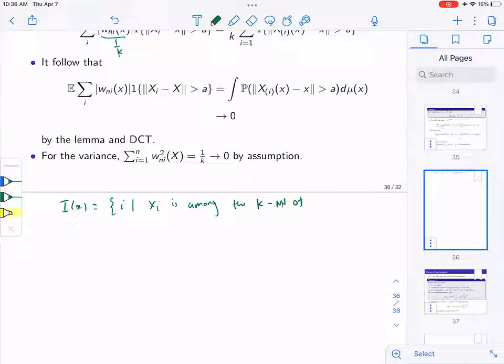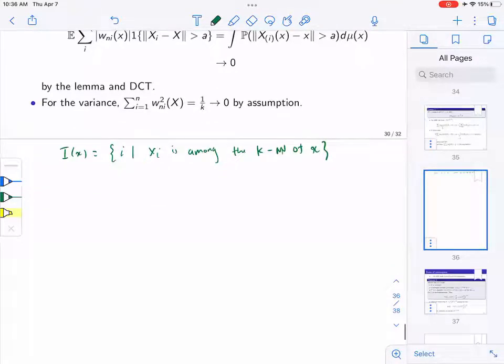So this is the set of the k nearest neighbors of x. If I have I_x like that, then the estimator is just a summation.